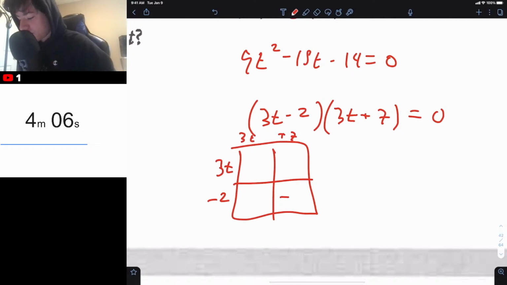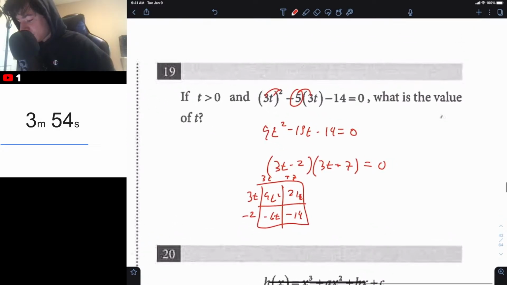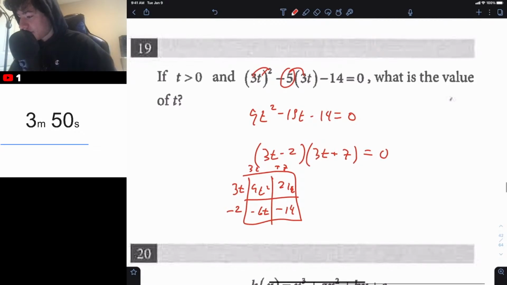So 7 minus 14, 21, negative 6t. That's a t, and then 9t squared. So t squared minus 15t. Oops. That would have been a positive 15t. See, I did that wrong. Okay, so these guys have to be flipped. So it should be plus 2 and minus 7.